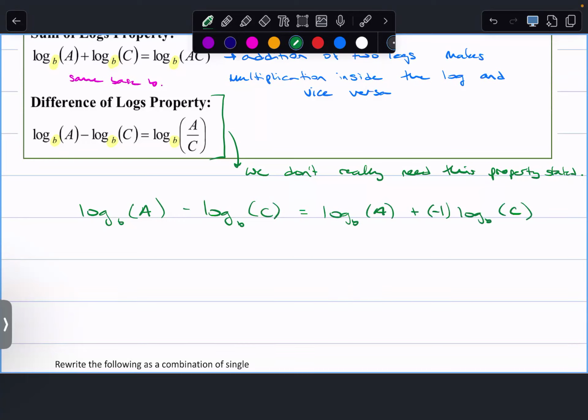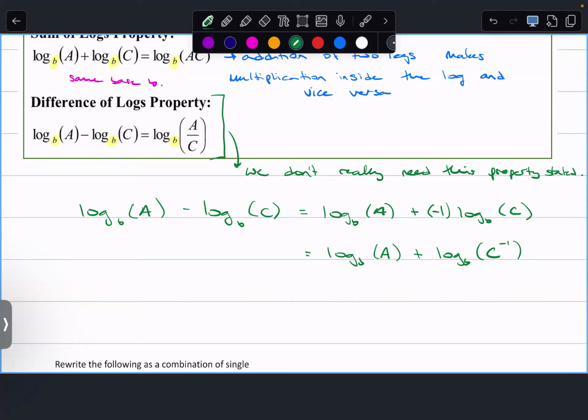Do you see it? Maybe. Knowing the exponent property, this becomes log base b of a plus log base b of c to the -1. Uh-oh. I know what that looks like.